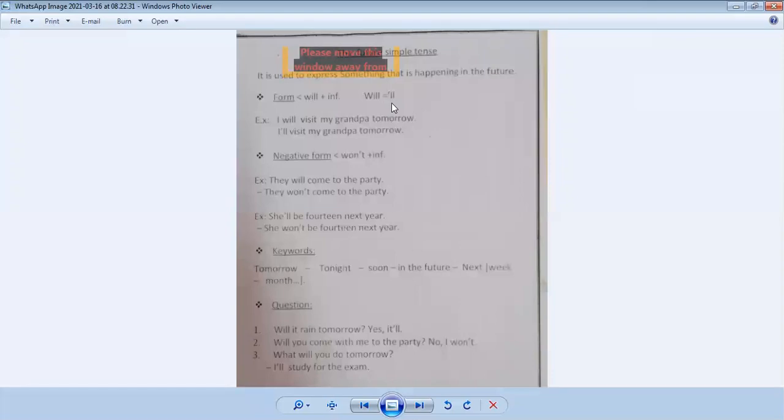The short form of will is apostrophe double L. Let's look at the example. I will visit my grandma tomorrow. Tomorrow is a key word for the future simple tense. So I will use will plus the infinitive form of the verb. If I want to make a short form of will, I put apostrophe double L.